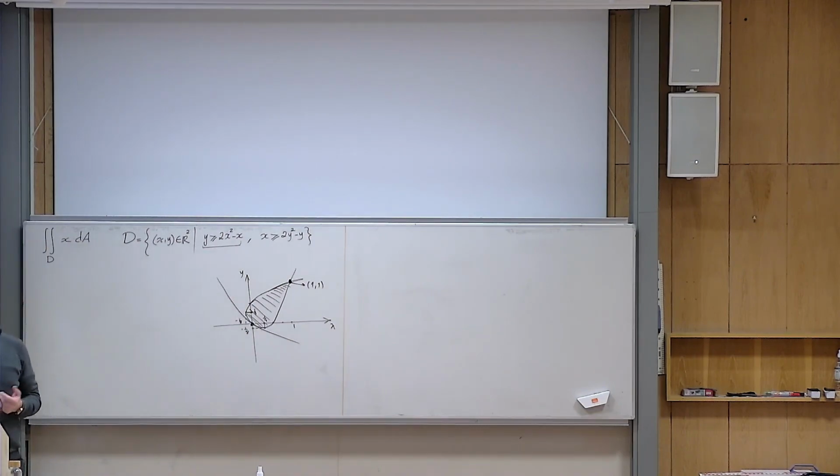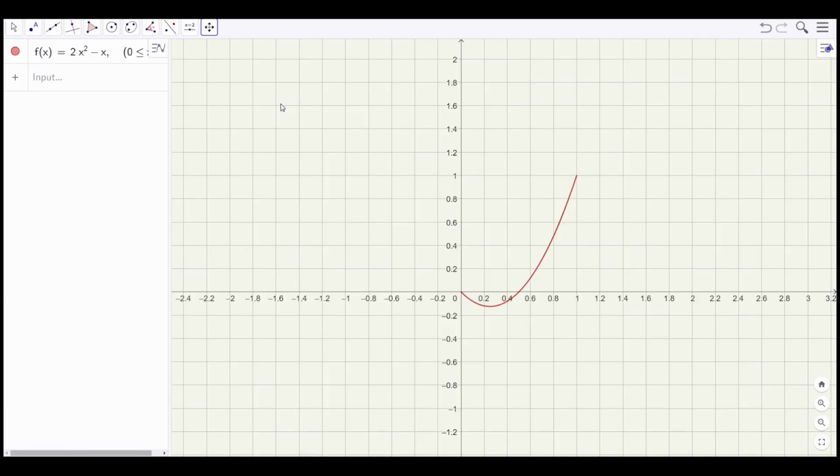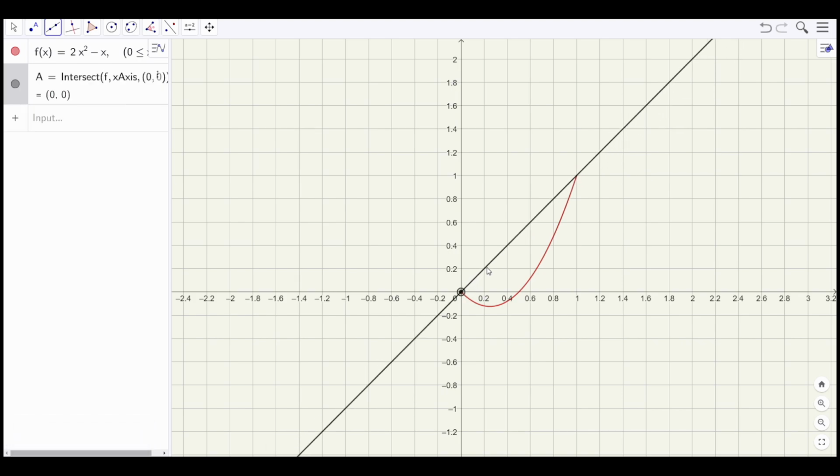So I go back to GeoGebra here, and then I will actually draw a line. This line that I am drawing is, so let me just do this line, yes. This is the line y equals x. And I ask GeoGebra to reflect this red parabola with respect to this line. Definitely it becomes the other parabola, yes.